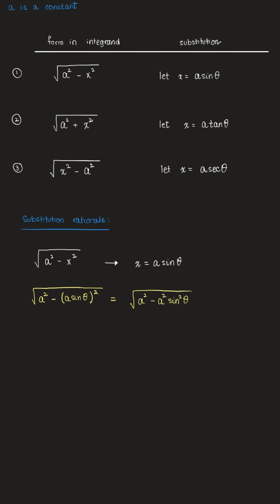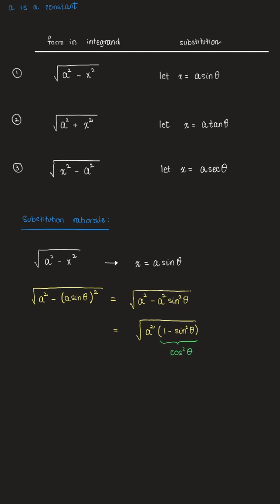So what we're going to do is change this difference into a product by factoring out a squared from both terms. So if I pull out a squared from both terms, we have a squared times 1 minus sine squared theta. And notice that 1 minus sine squared theta, that is a trigonometric identity. That's the same as cosine squared theta.